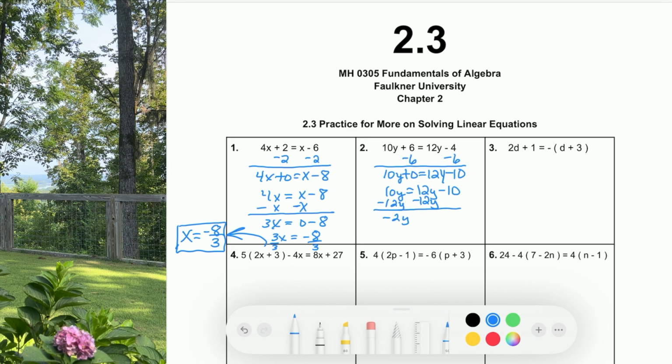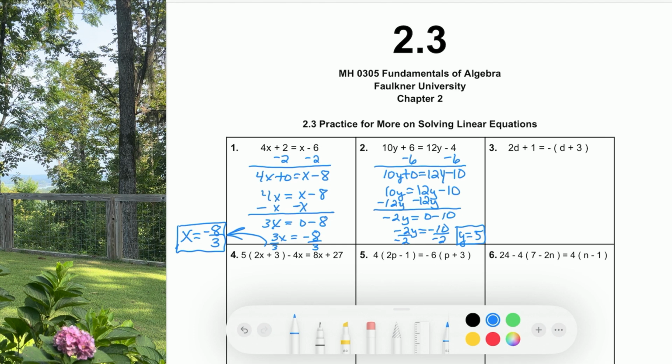I get negative 2y equals 0 minus 10. So negative 2y equals negative 10. I'm going to divide both sides by negative 2. And we get y equals 5.